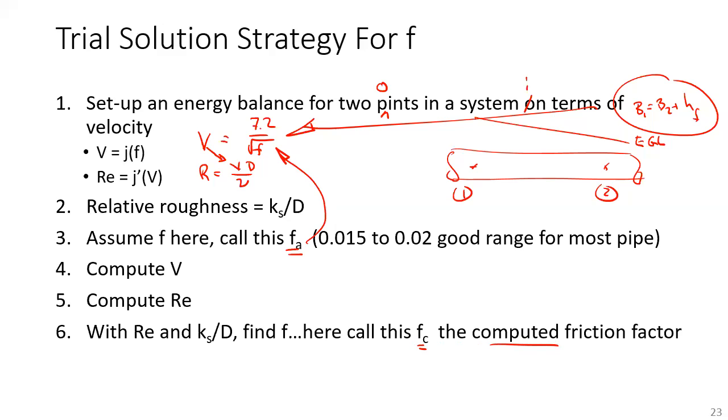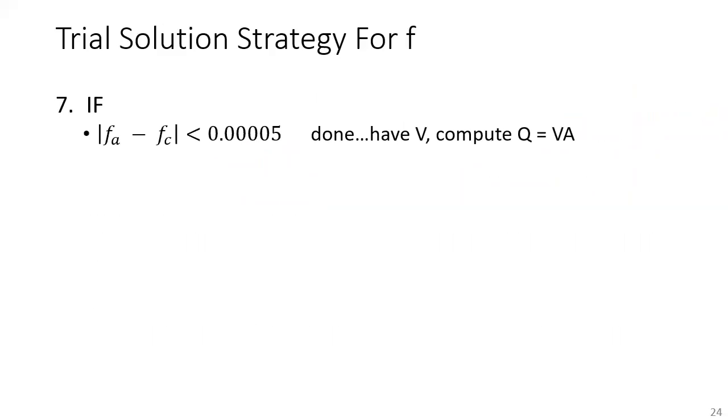It's highly likely FA and FC are not the same on your first guess. We want it that way, but it's probably not. So what you will do next is calculate the difference between those two, and we'll compare that to a tolerance. So if the absolute value of the assumed friction factor minus the computed friction factor is less than the tolerance, you're done.